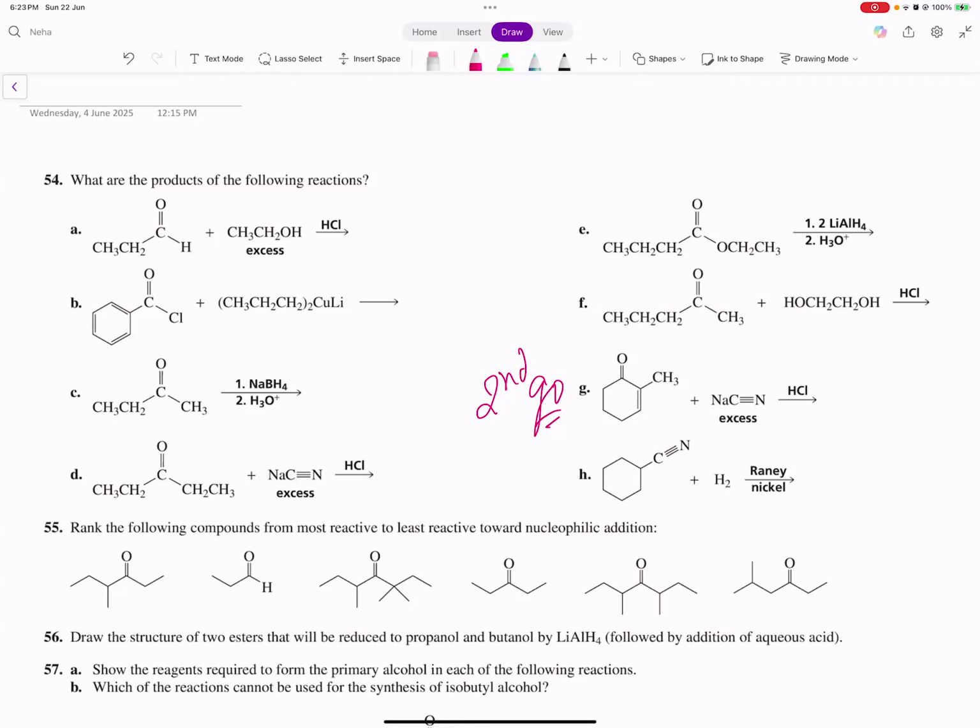Physical chemistry is super cool. You don't have to do anything. Here's the phenols.